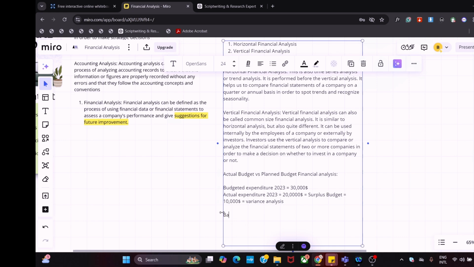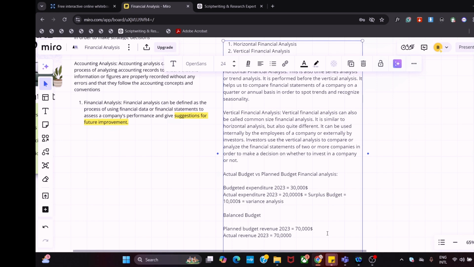So let's say planned budget revenue for 2023 equals $70,000, and actual revenue for 2023 was equal to $70,000. So this is what we call a balanced budget.